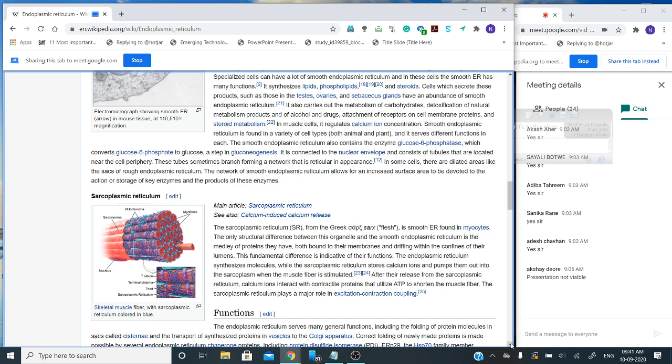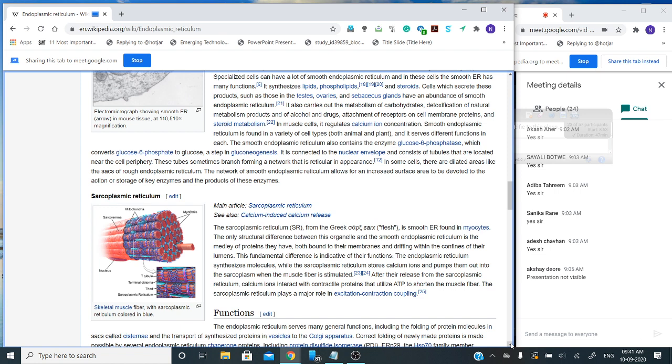Because of the entry of sodium, calcium comes in. Because of that calcium, from the endoplasmic reticulum more calcium will come out, and this calcium will cause contraction. This is what you might have seen in muscle physiology. So this is how the functions are there.